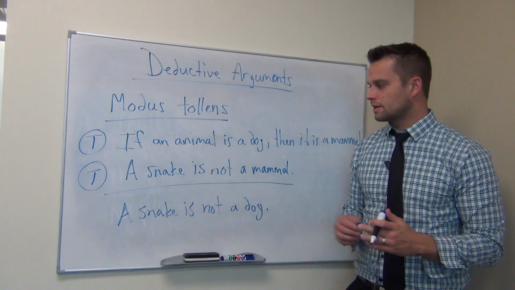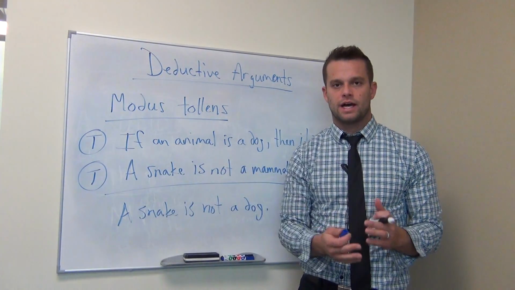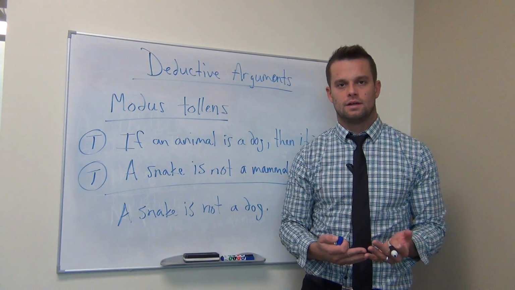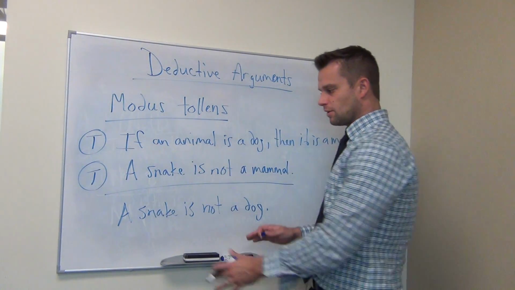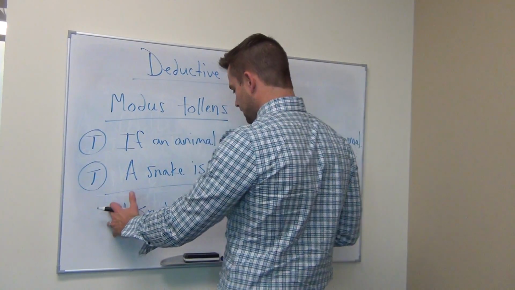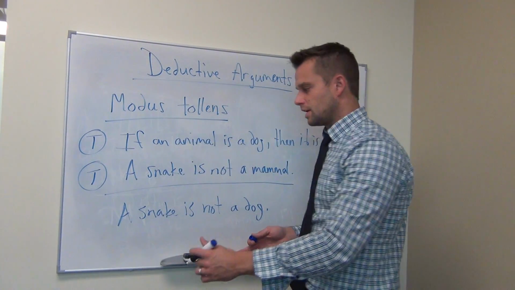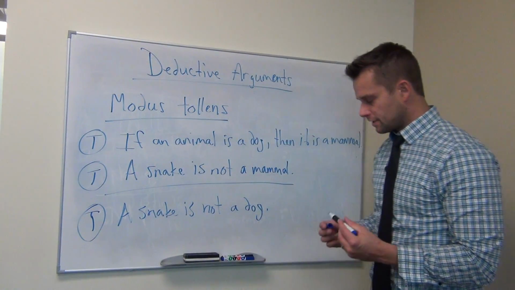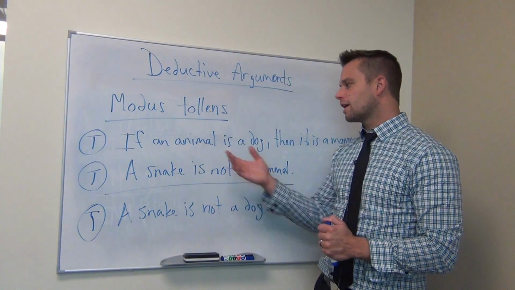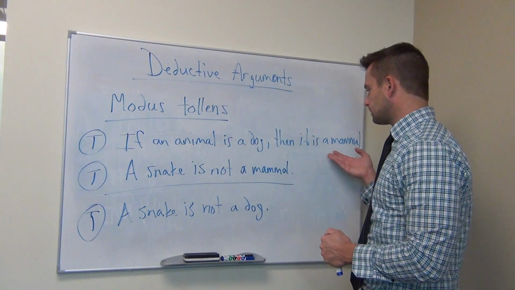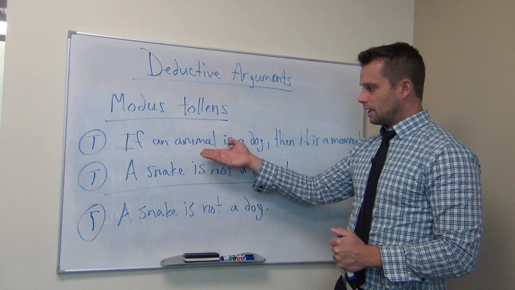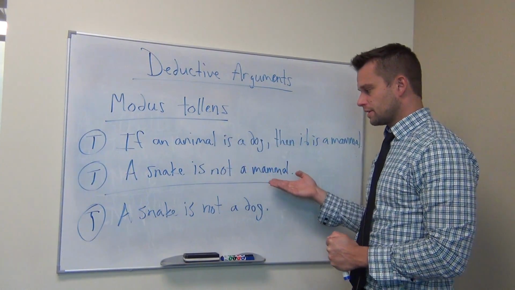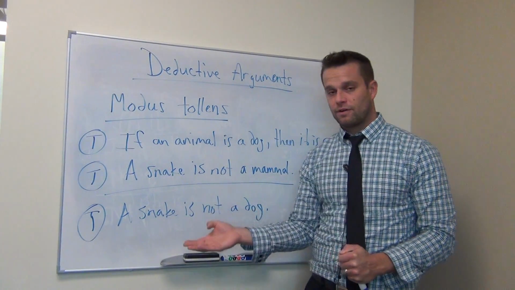Now, in a valid argument, if you have true premises, then what do you have of necessity? A true conclusion. So we don't even need to look at the conclusion. So long as we put the correct conclusion in, we know that the conclusion is true. A snake is not a dog. Now you might be thinking, okay, well I might be able to think of an example that has this structure and the conclusion would be false.